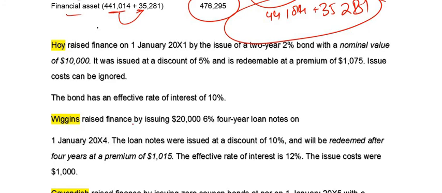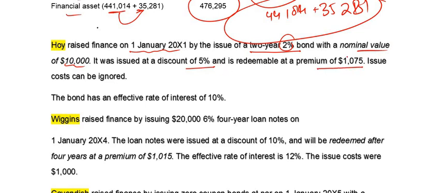Now come to this point. Here we have some transaction, like let's say this is a company, and this person raised finance on 1st Jan 2001, and issued a 2-year, 2% coupon bond with a nominal value of 10,000. It was issued at a discount of 5% and is redeemable at a premium.